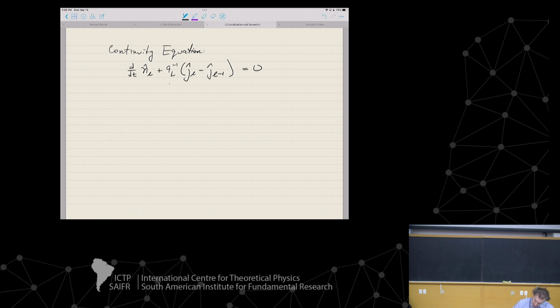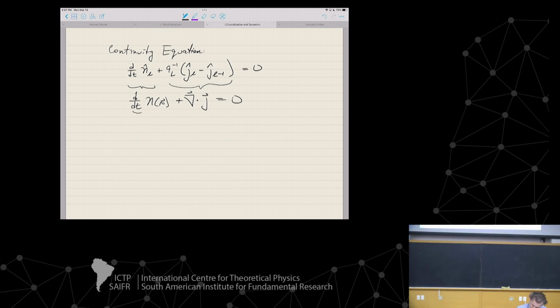And what does this look like? This kind of looks like the divergence of a vector current, right? And this looks like the time dependence of a local density at some place, and the sum of those two is equal to 0. And that's what I mean by continuity equations.